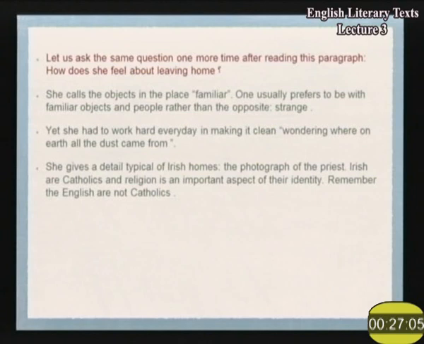She gives a detail typical of Irish homes, the photograph of the priest. Irish are Catholics, and religion is an important aspect of their identity. The English people are Protestants, Anglican, but one of the problems between the English and the Irish was the fact that the Irish were Catholics and did not want to convert to any other religion.